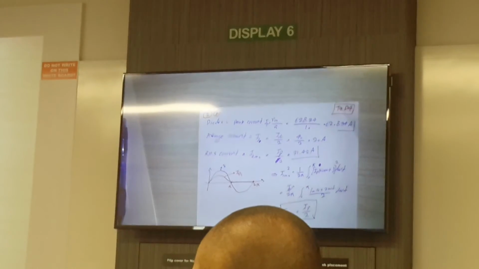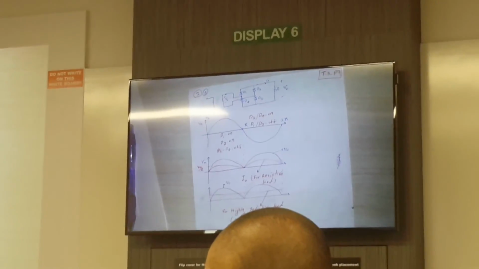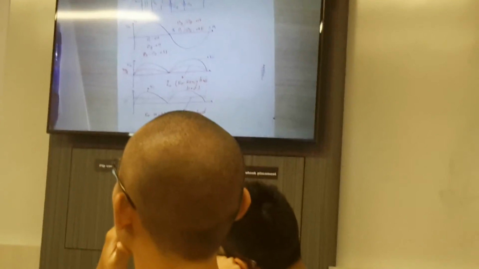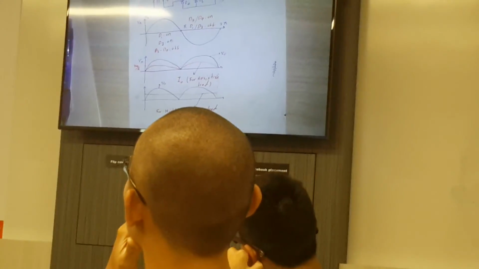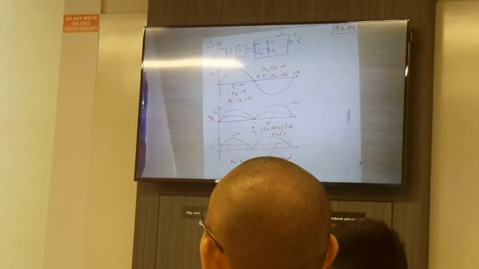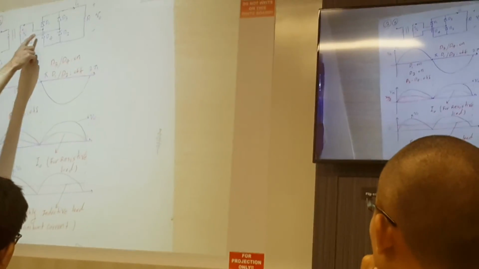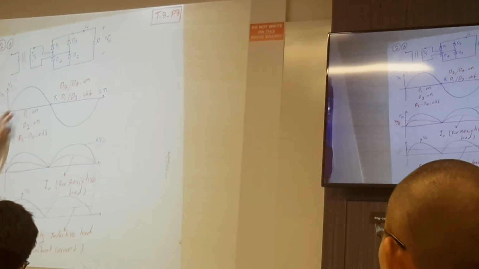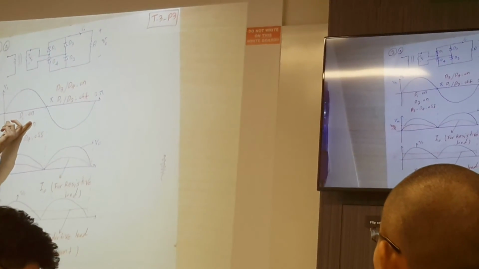Average current of the diode. From last week, if you remember, last week I had 2 diodes, but now I have 4 diodes. It's the same. I have calculated the average of the output current IO. But I know that in half of the whole cycle, the current is flowing through D1 and D2, from 0 to pi.